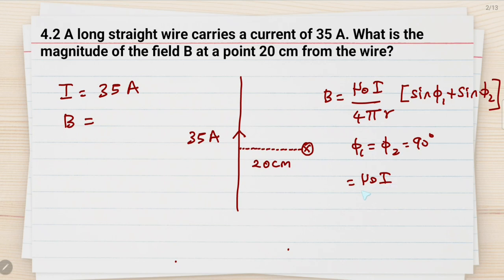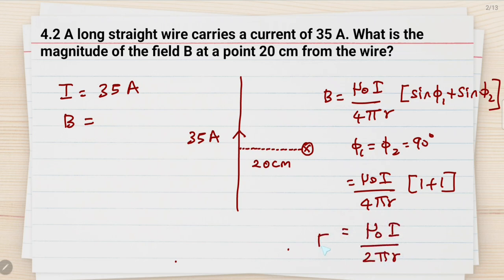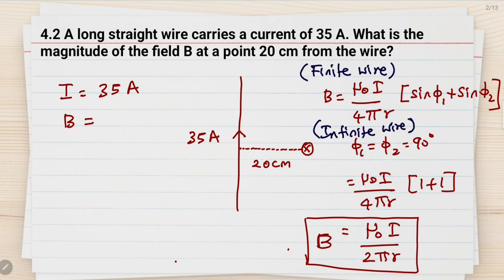So mu naught I by 4 pi r into 1 plus 1. The 2 will get cancelled with 4, so mu naught I by 2 pi r. I have written finite wire and infinite wire, and this is the formula we have to use for this problem.